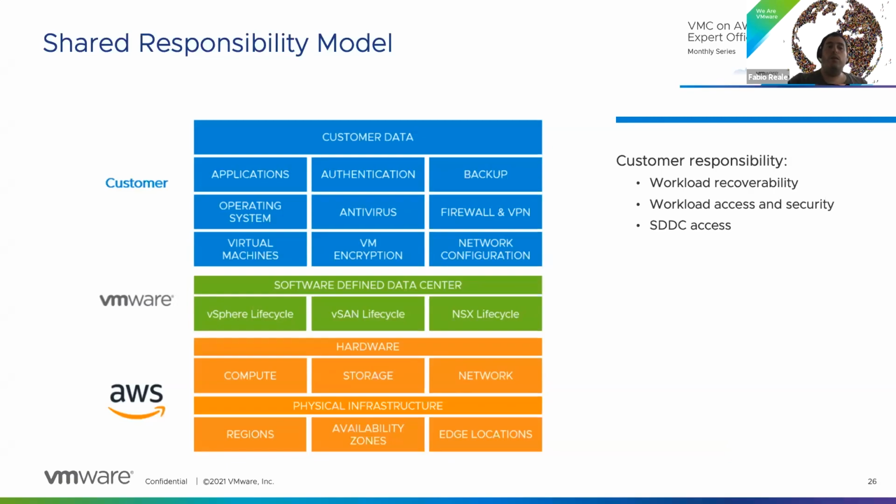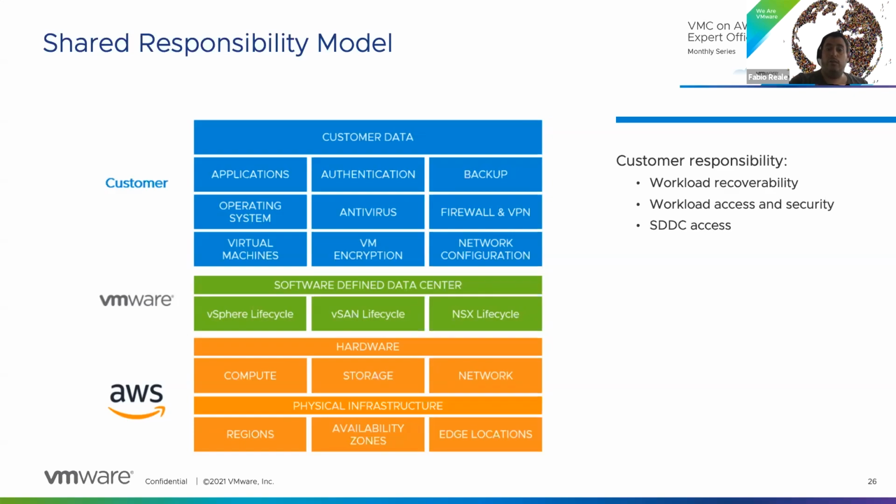Looking at the first part of the matrix, it shows what you need to take care of. First of all, you need to take care of your own data. VMware is not backing up anything related to your data. We are not backing up your VMs. We are not taking care of your data.